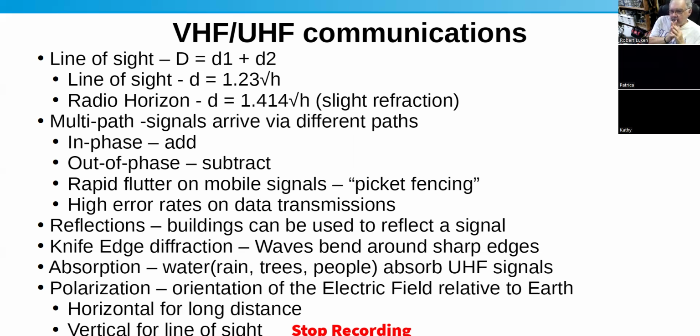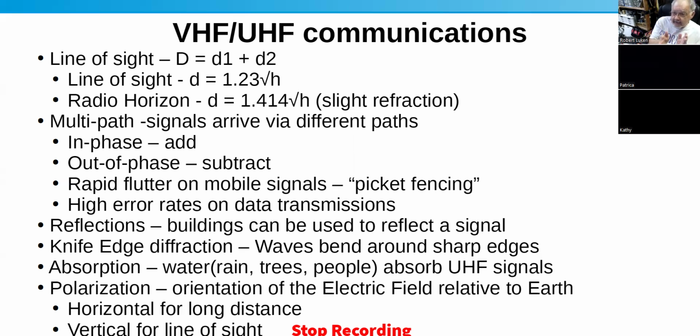There's also a thing called knife edge diffraction, which I first learned about making telescopes, and light waves as well as radio waves tend to bend or refract around a sharp edge.